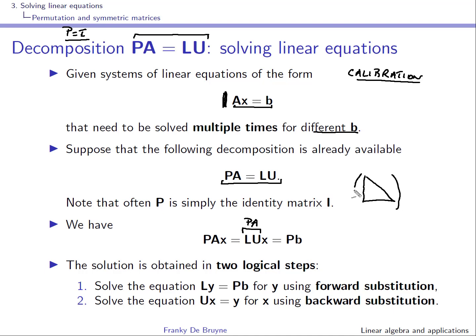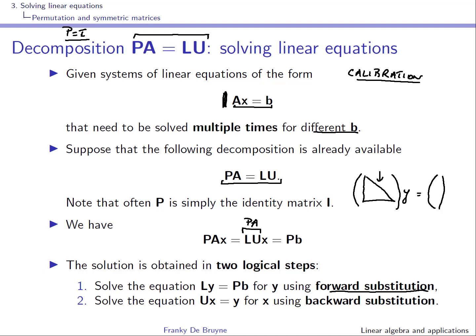So you have Ly equal to a vector, and this is easy to solve using forward substitution. You start from this equation here, and you simply divide what you see over here by the element over there, and then you continue in this direction using forward substitution.